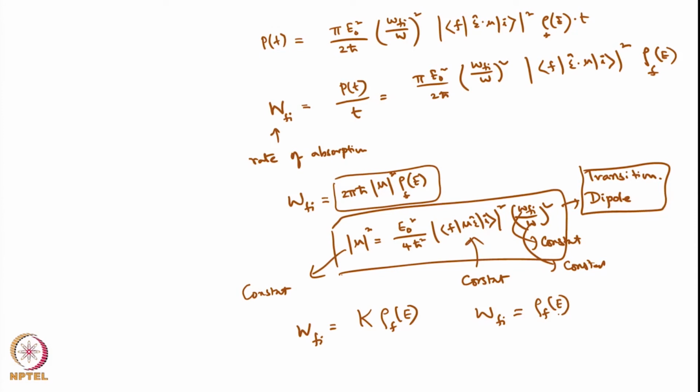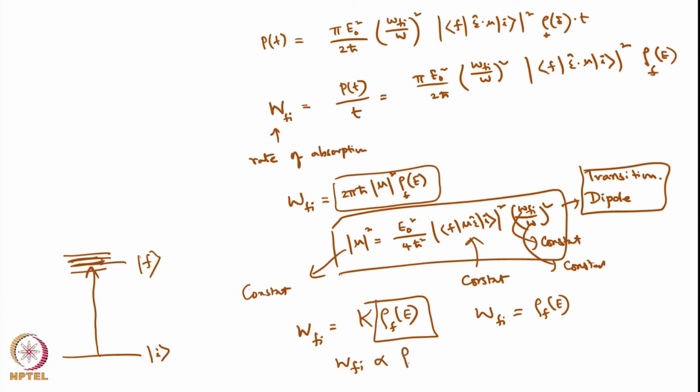So which means that from an initial state I to a density of states around f, this rate of transition will depend on the density of states. So the rate of transition is proportional to the density of states around f. And this is called Fermi's golden rule.